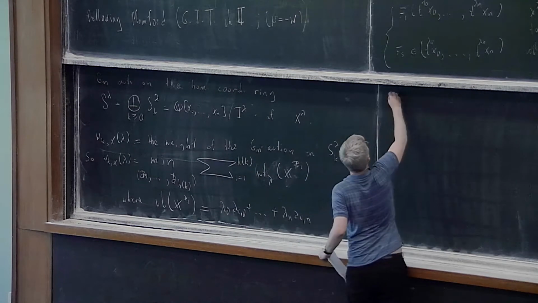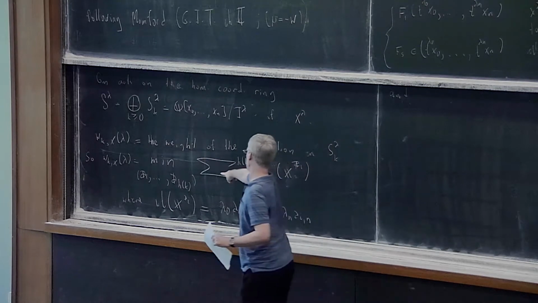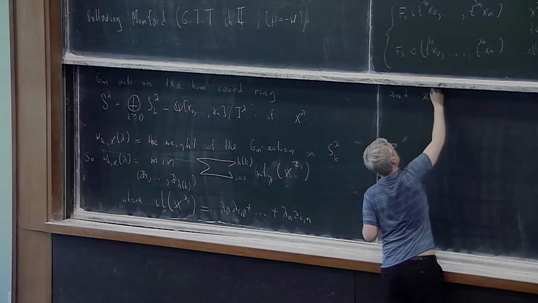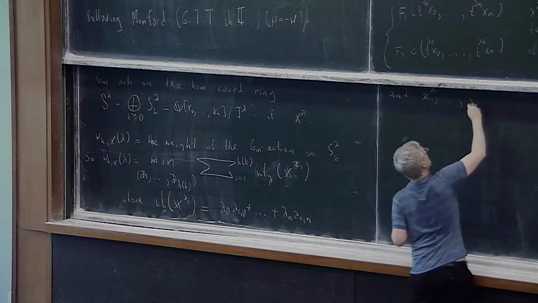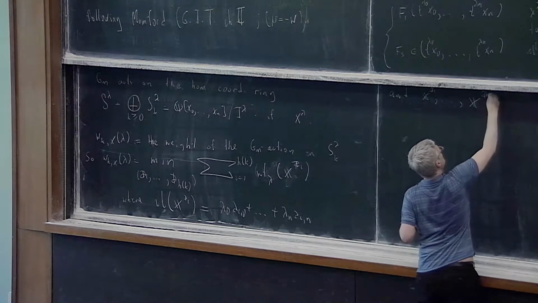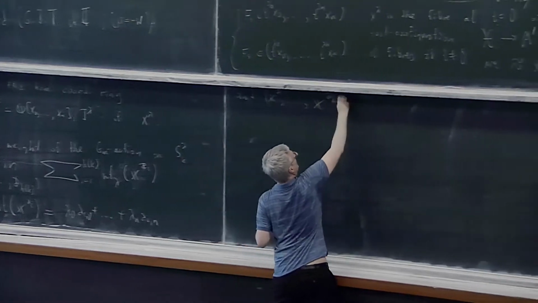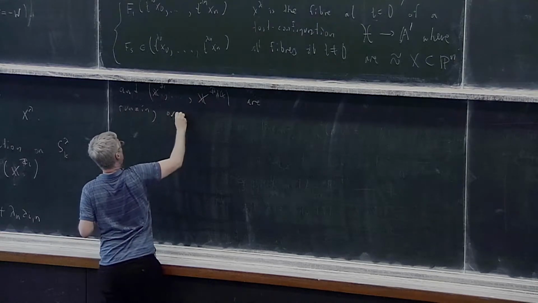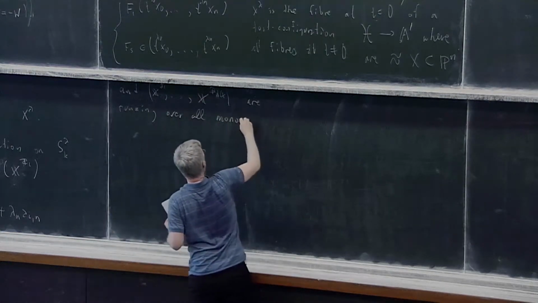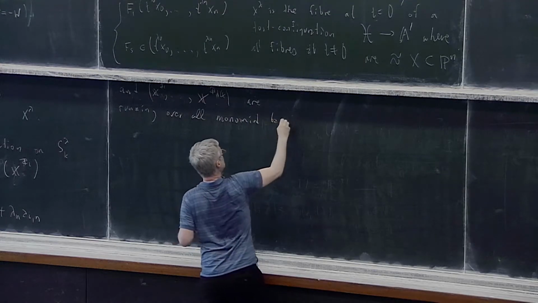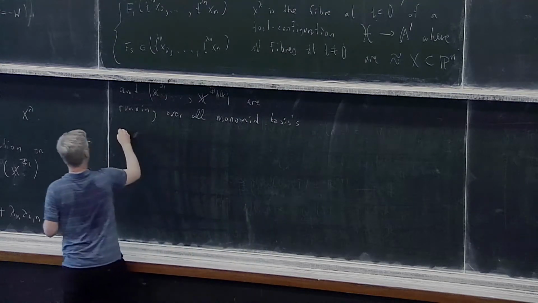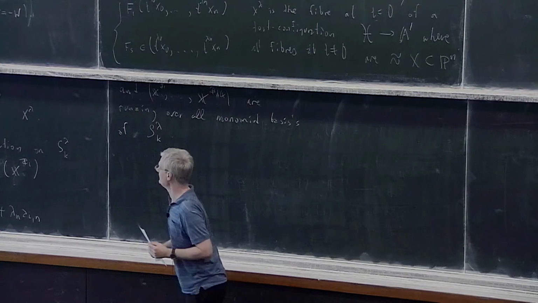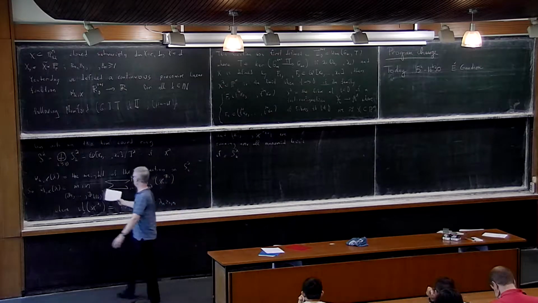And these vectors are running over all monomial bases of this Sk lambda.